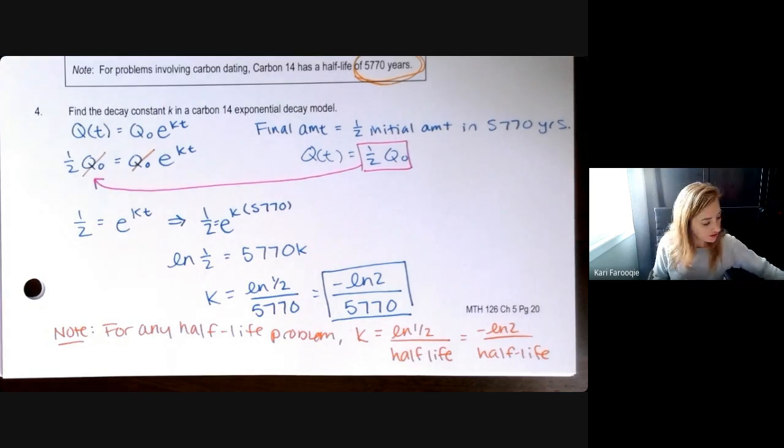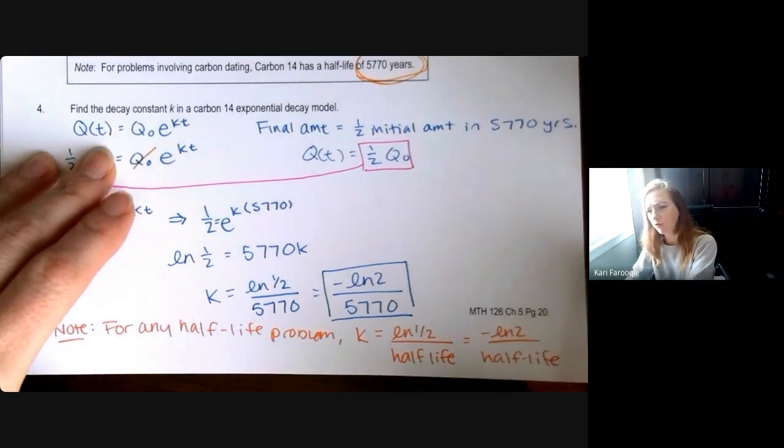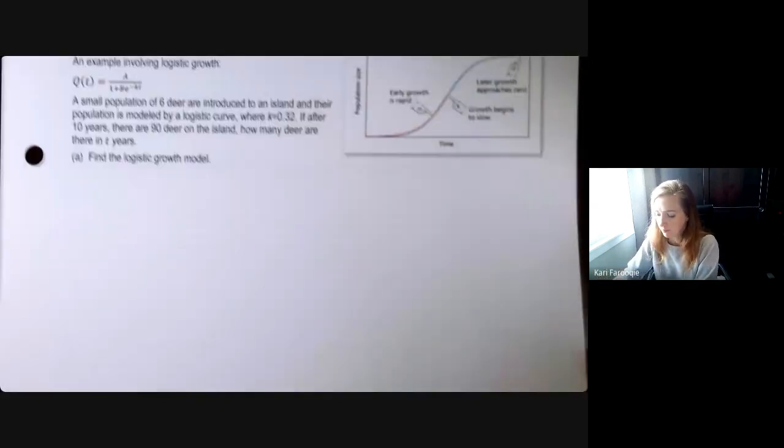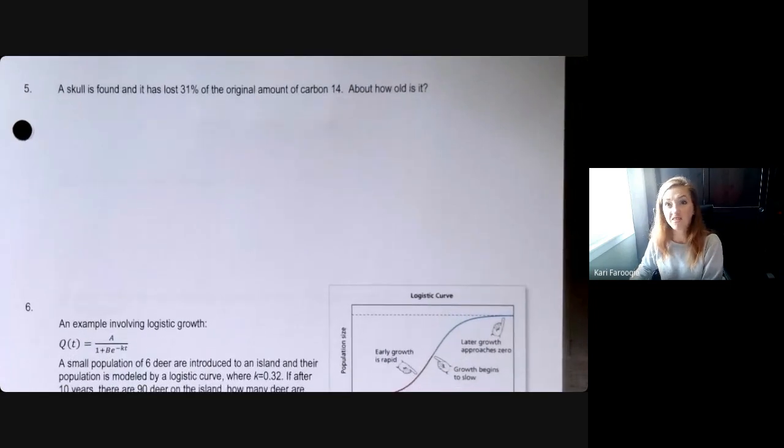All right, so now let's answer a question based off of carbon-14 dating, which hopefully you've heard of before. A skull is found and it has lost 31% of the original amount of carbon-14. How old is it? First of all, I'm going to rewrite this constant K that we just found up here, just so that we have it.